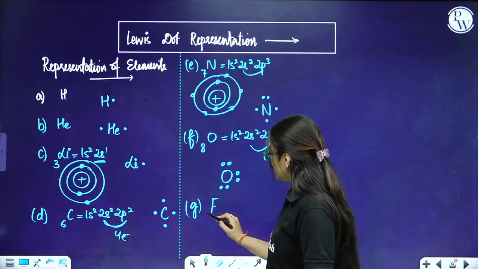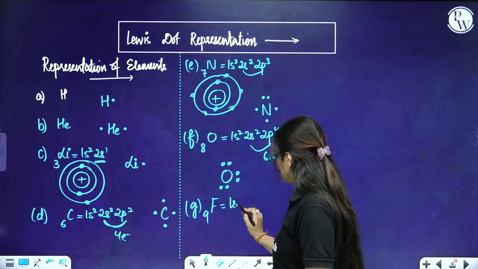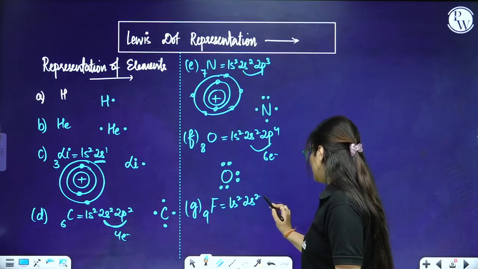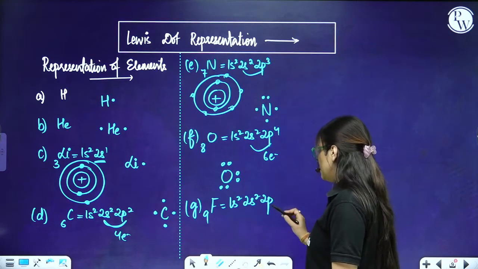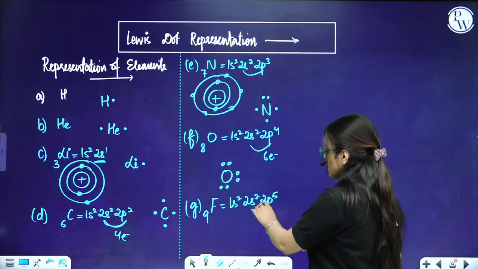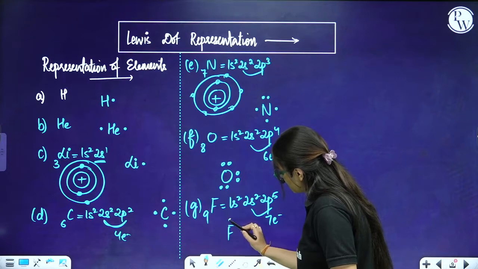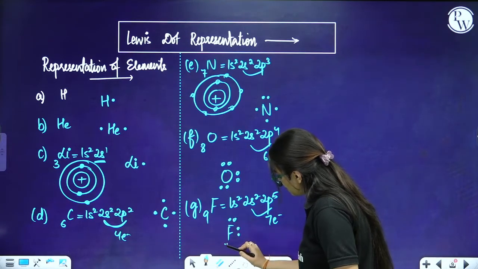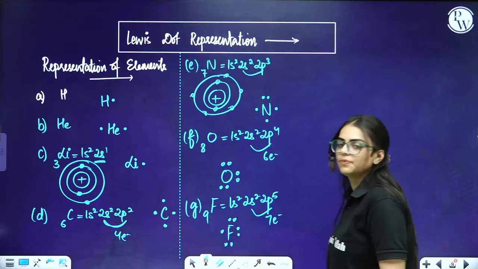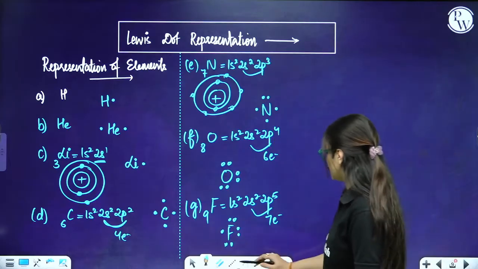Fluorine has atomic number 9. So 1s2, 2s2, 2p5. How many valence electrons? 2 plus 5, that is 7 electrons. So fluorine will be represented as 1, 2, 3, 4, 5, 6 and 7. Clear everyone?